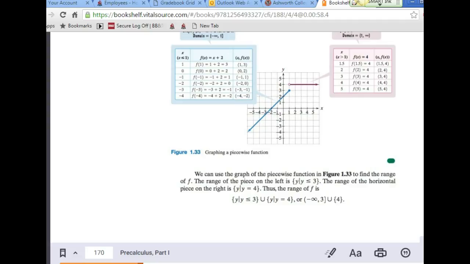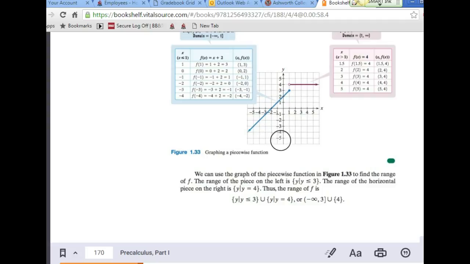Okay. So you could write it this way, which is called set notation, or you can write it this way, which is function notation. So from negative infinity all the way to 3, that's your range, because it never goes lower.